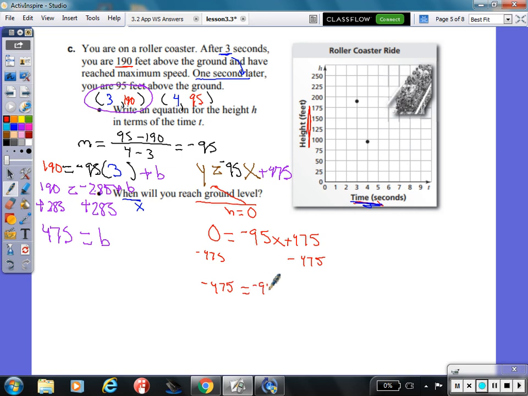And then that negative 95 is multiplying, so the last thing, divide by the negative 95. And if you divide negative 475 by negative 95, you get 5. Look for those units, seconds. So it'll take our roller coaster 5 seconds to reach the ground.